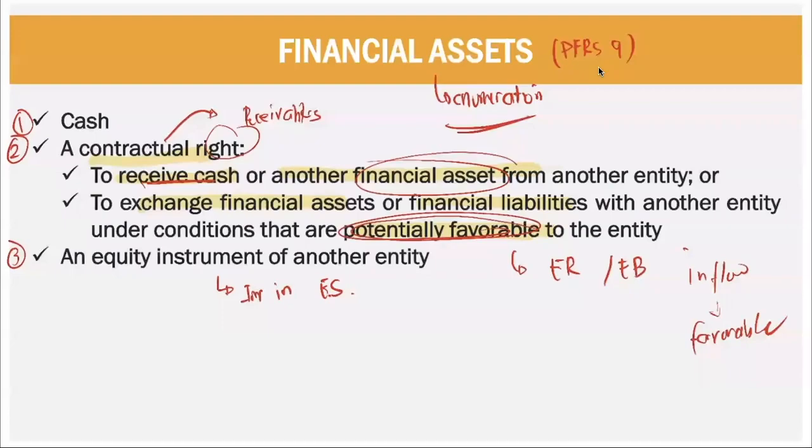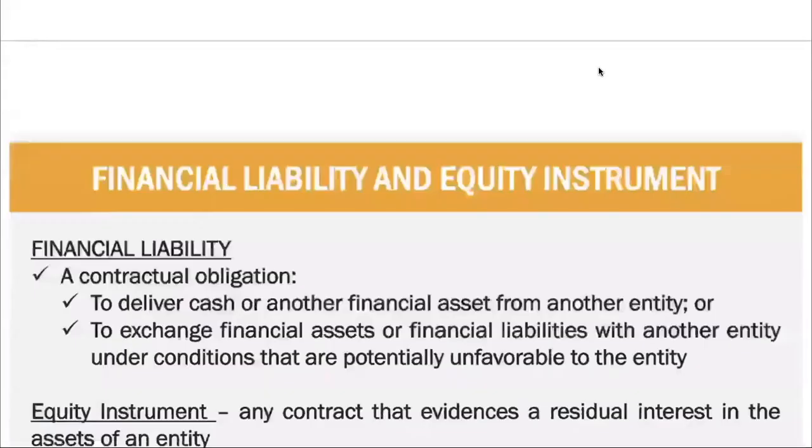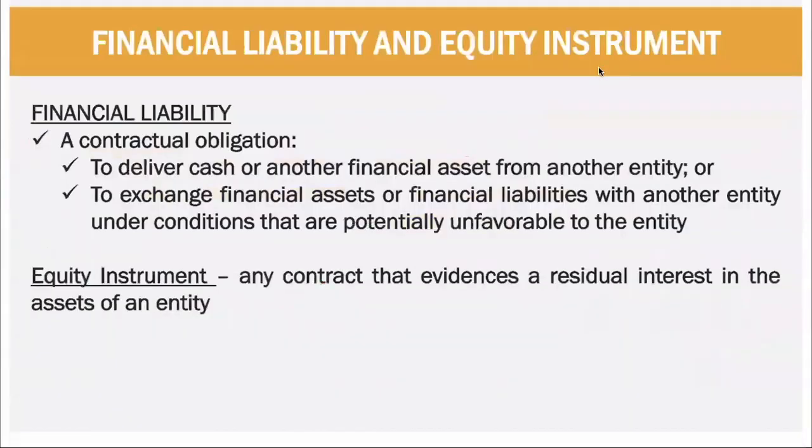We go now and define financial liability and equity instrument. So what is a financial liability and equity instrument? A financial liability, if you still remember the financial asset, is a contractual right.